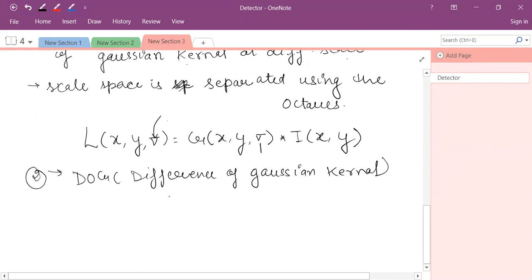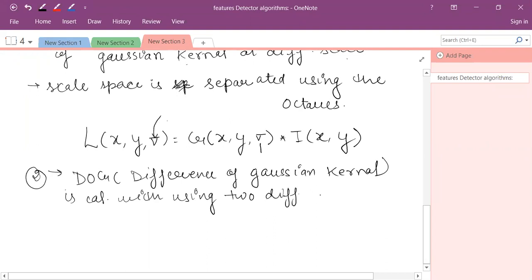And it is calculated using two different values of sigma in each octave.